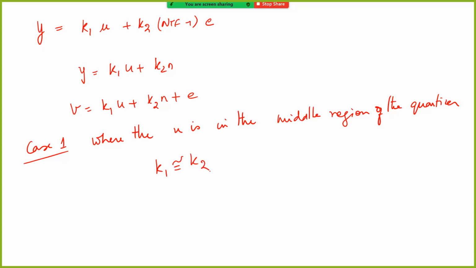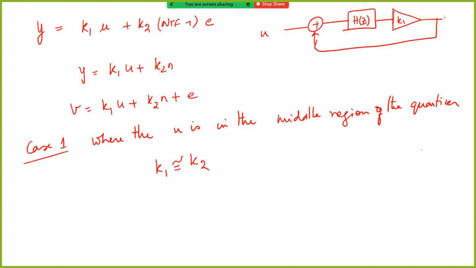The way we can describe this is: this is your loop, this is your U, this is your H of Z, and then this is K1 times this thing. This is your DC path. And for your noise, you have H of Z, you have K2, and you have E being added.